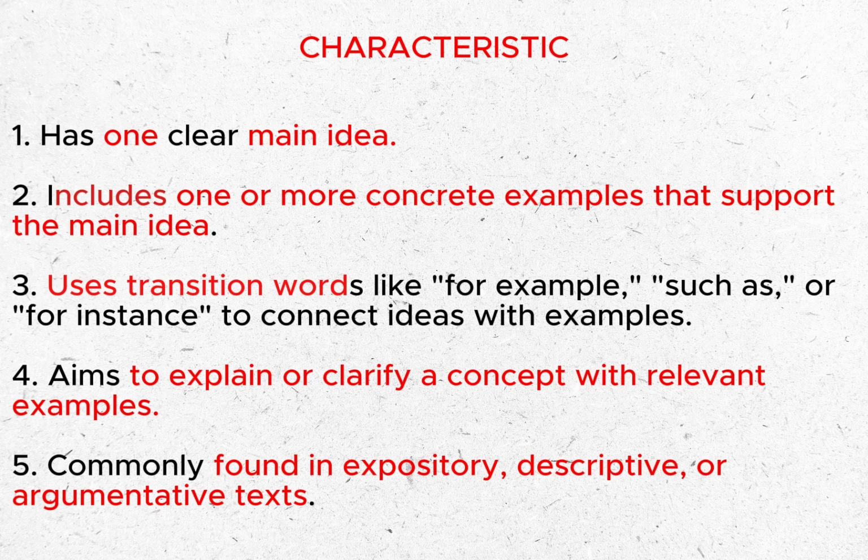The second one is it includes one or more concrete examples that support the main idea. The third one is it uses transition words like for example, such as, or for instance to connect ideas with examples. The fourth, it aims to explain or clarify a concept with relevant examples. The fifth, it is commonly found in expository, descriptive, or argumentative text.